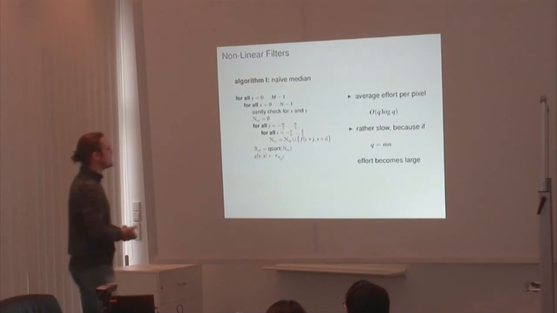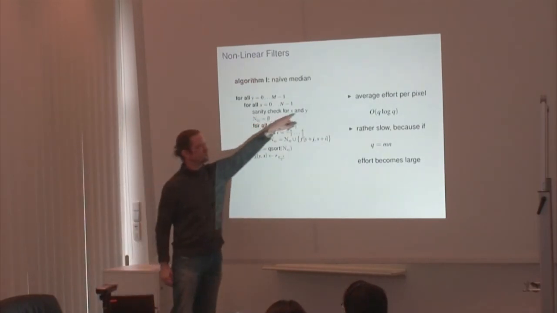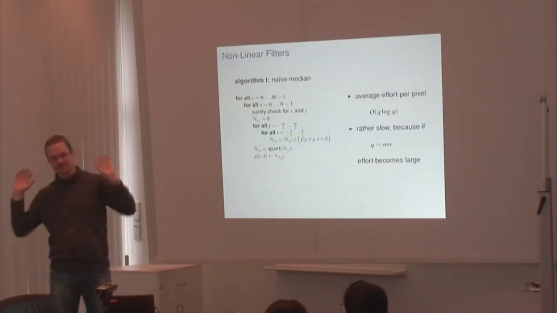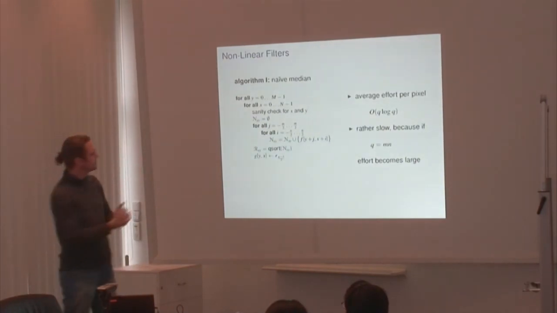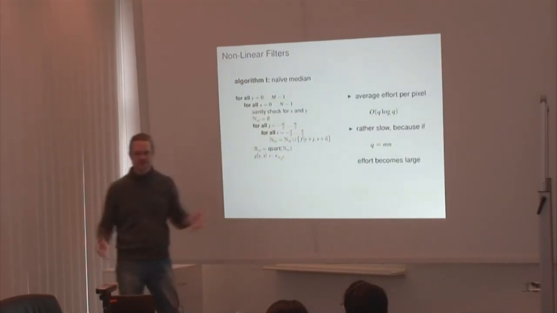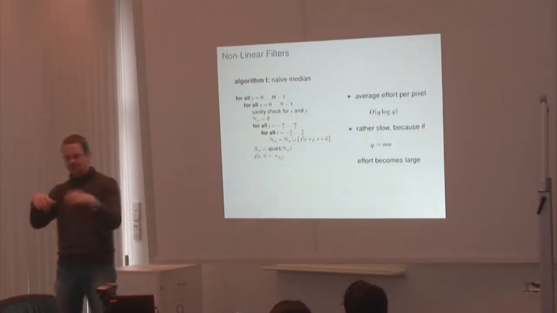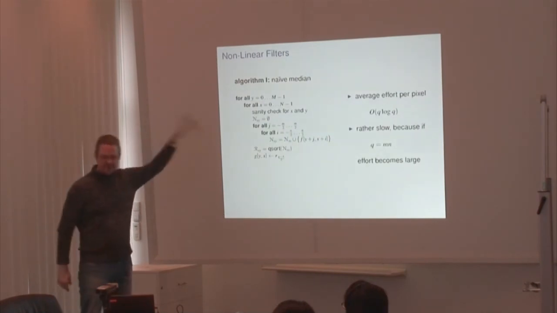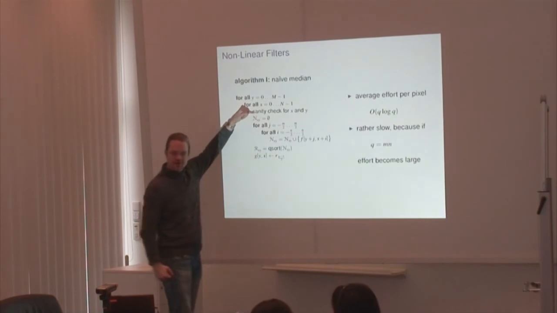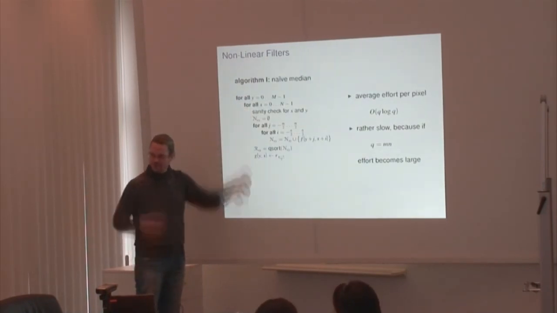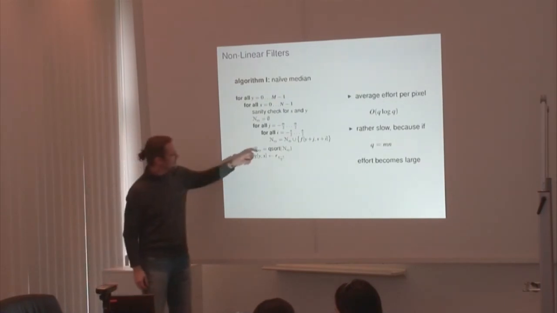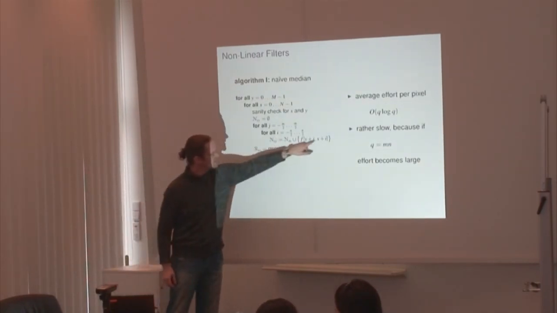And then I say sanity check for x and y, which is my way of saying I don't care about what happens at the boundary. Usually we would have to have some if x minus m over 2 is greater or equal than 0 and less than... This is, you know, a sanity check. This line is for you to replace by whatever you want to do around the border of the image. But of course, you are not allowed to do, say, these kinds of things here.